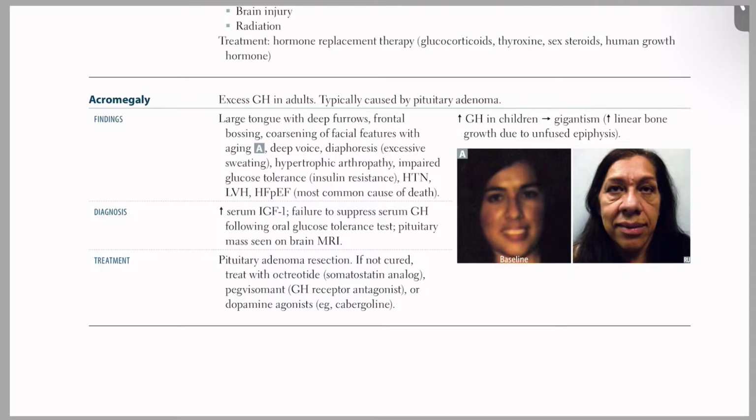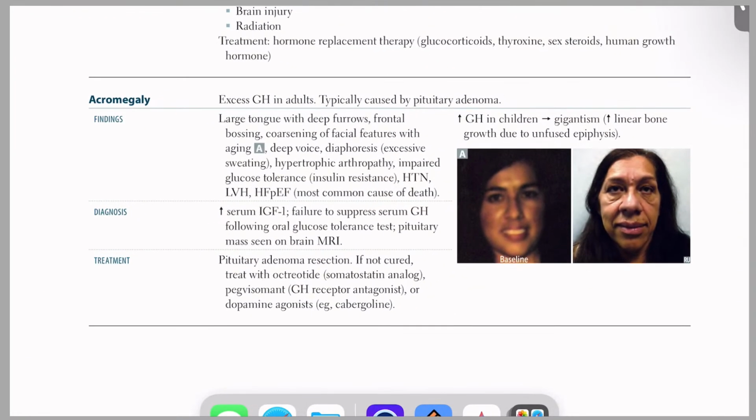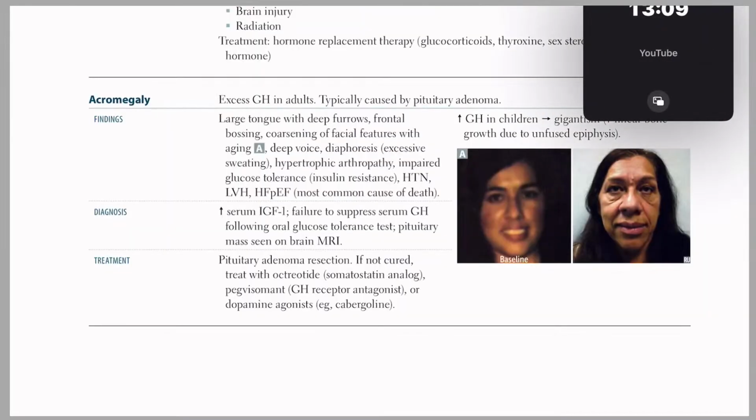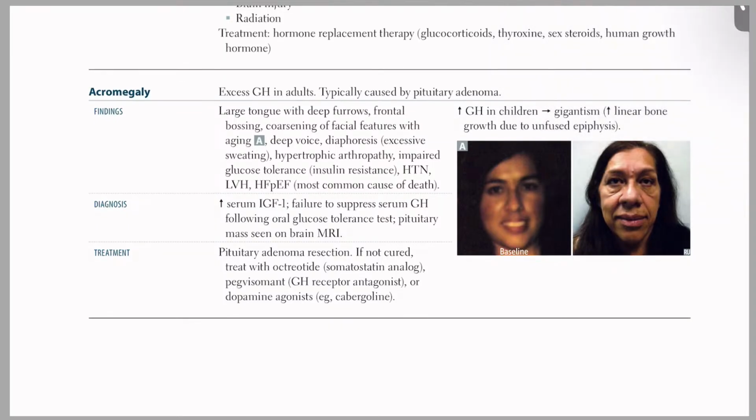Next, acromegaly. Excess growth hormone in adults, typically caused by pituitary adenoma.